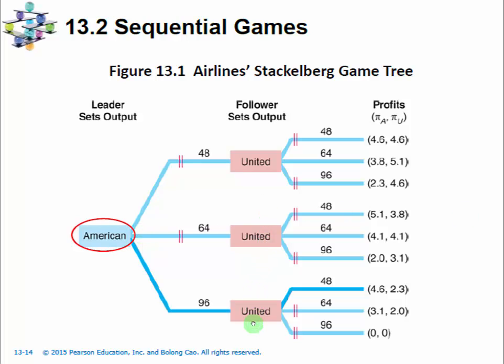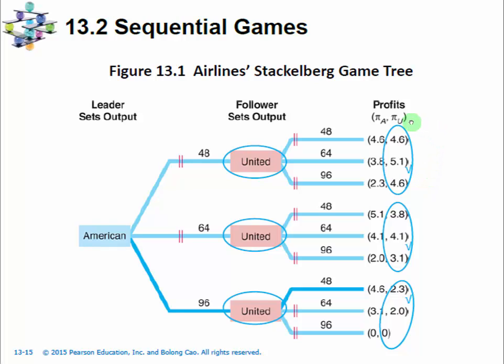For United, there are three different subgames for the three different output levels by American Airlines, and in each of these subgames, United will choose the output level that maximizes its own profits. Again, as we have said before, the first mover's payoffs, in this case American Airlines' profits, are listed in the first place in the parentheses, and then the payoffs for United Airlines, the second mover, are listed in the second place.